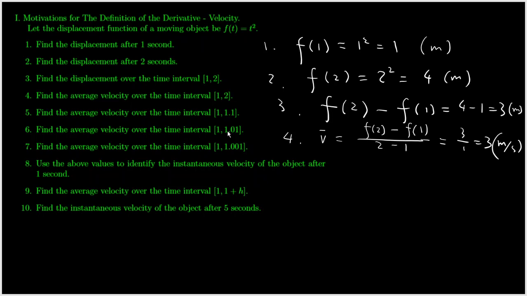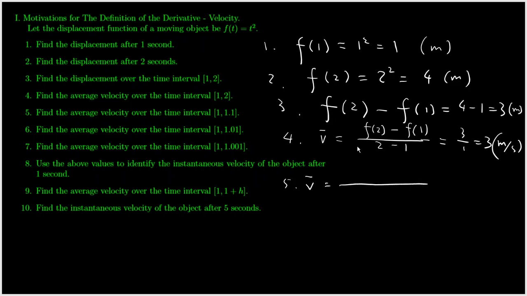Now let's do question 5 first. In question 5, we are trying to compute the average velocity over the time interval from 1 second to 1.1 seconds. I will still use the standard notation for the average velocity in question 5.